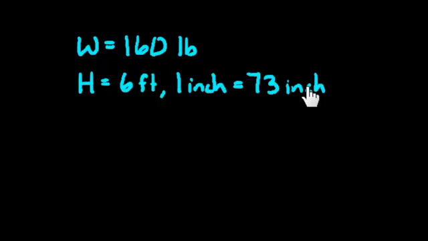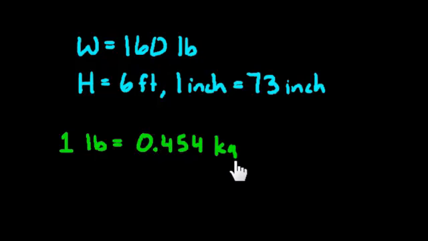So what do I do? Well, what I need to do first is convert, right? So I can say, all right, 1 pound equals, and this is something you can just look up on the internet, 0.454 kilograms. So far, so good. And now 1 inch, which is pretty small, is going to be a small number relative to a meter, which is huge, right?